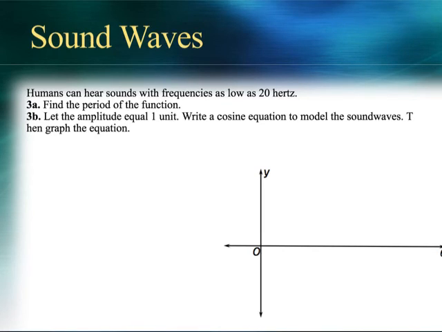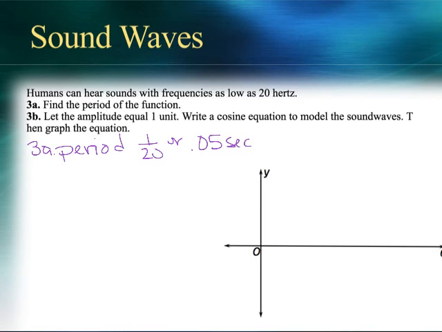So 20 hertz converted to 1 hertz would mean that our period would have to be 1/20th of that amount, or 0.05 seconds. And that's how long it would take to make it 1 hertz. Our cycle from beginning to end will be 0.05 seconds to hear this sound.